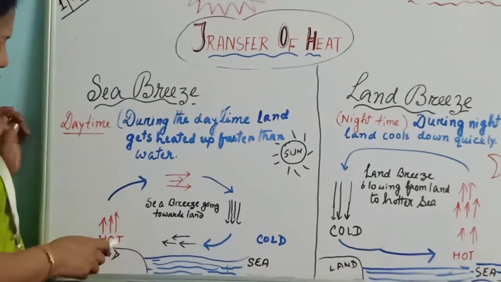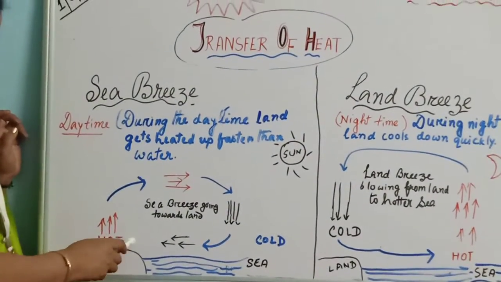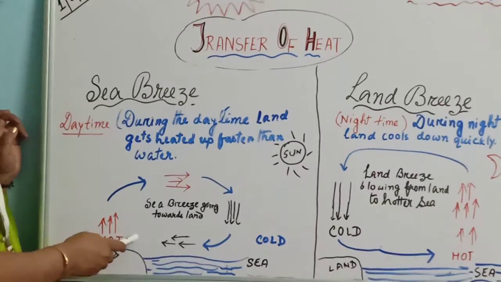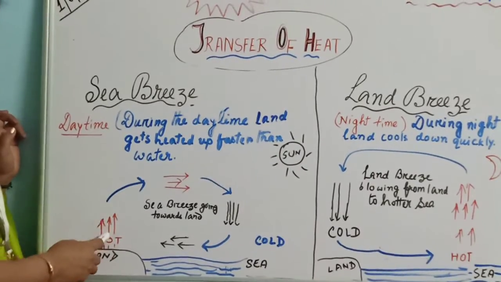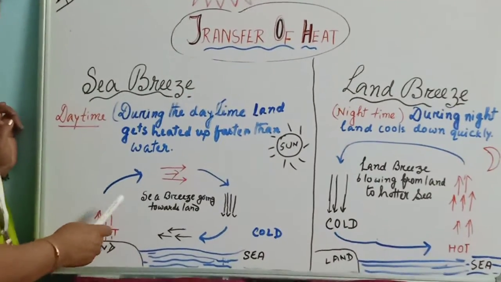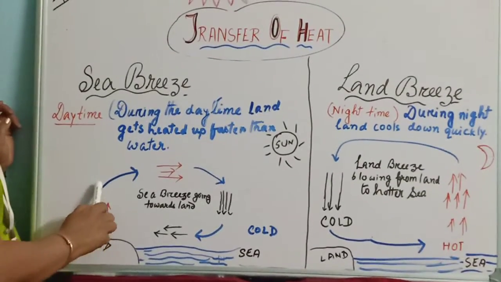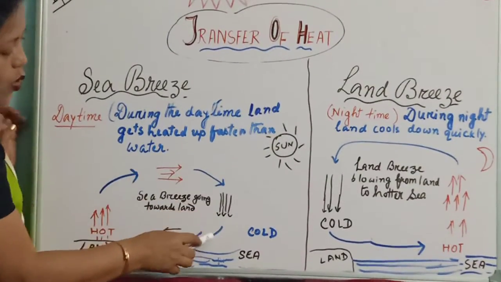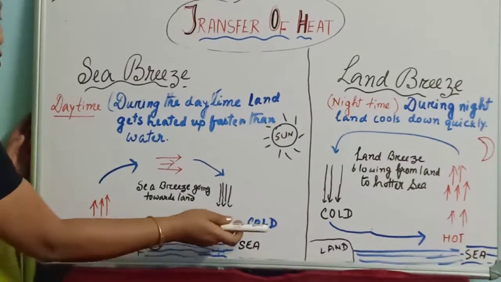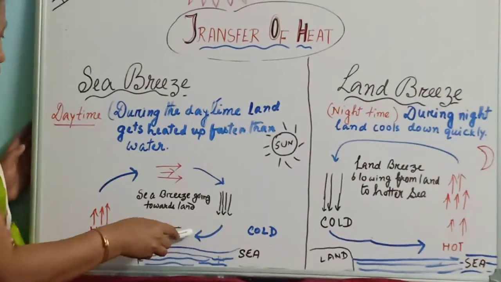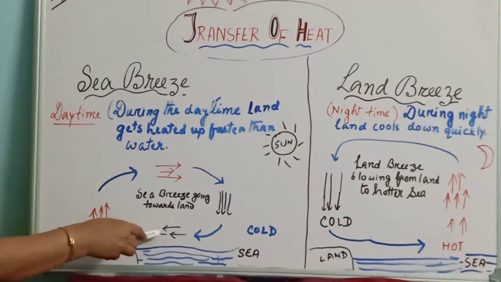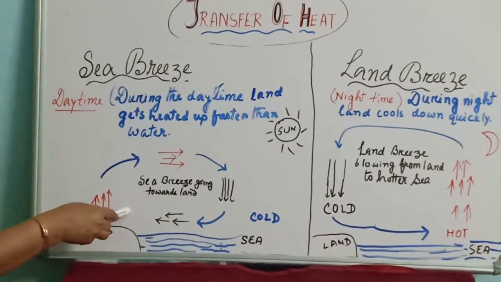So the moment this land gets heated, the air which is present above this area becomes hot and rises up, and it creates a vacuum here. And this air rises up, it goes up, and the cold air which was above the sea comes and occupies this area.